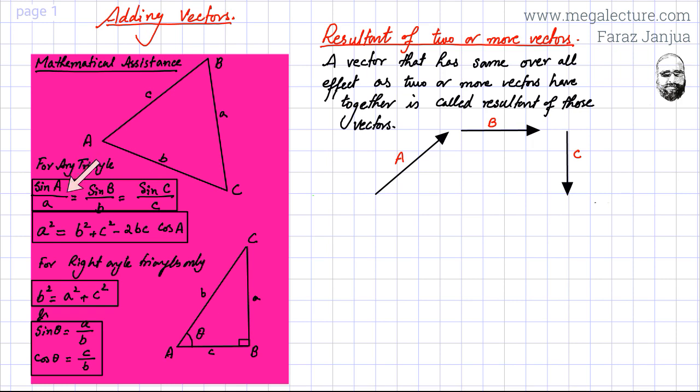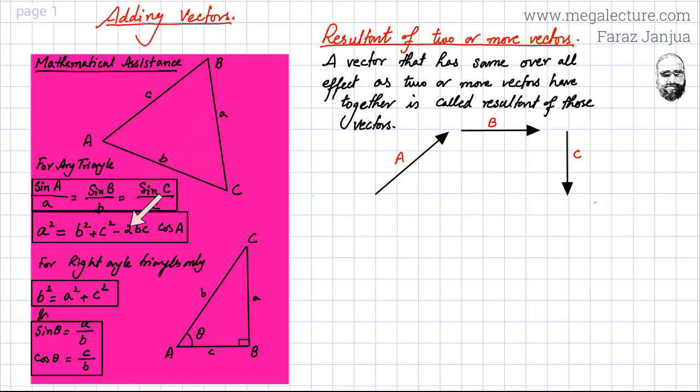Now these are two rules that we are familiar with from IGCSE O levels: sine A over a equals sine B over b equals sine C over c. We know this formula as the sine rule. Underneath there is the cos rule: a squared equals b squared plus c squared, minus 2bc cos A. That first part is very similar to the Pythagoras theorem, but there is another part beyond Pythagoras, because this is not a right angle triangle.